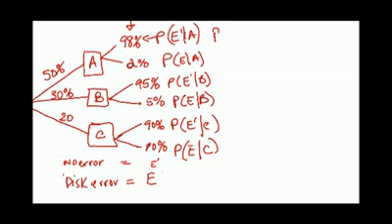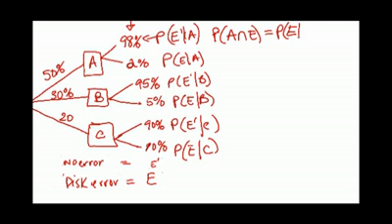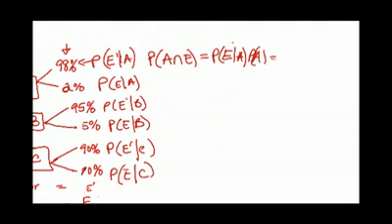Alright, so if you want the intersection of any of these events, so for instance, error and A intersection, you would use the conditional probability formula. It would be the probability of error given it came from A times the probability of A. And that would be 0.5 times 0.98.